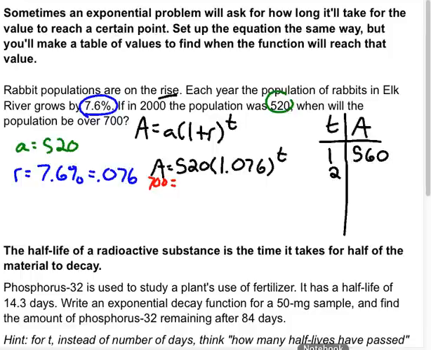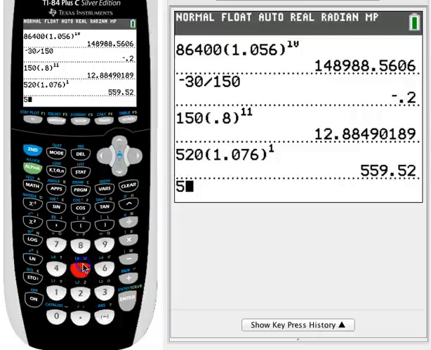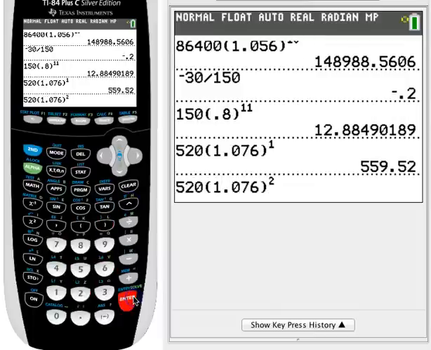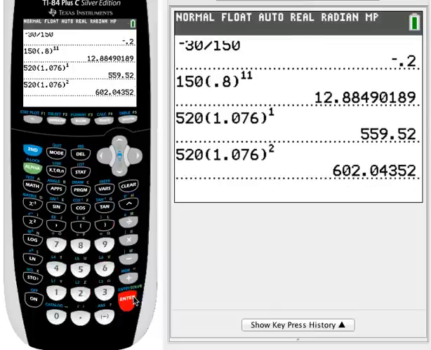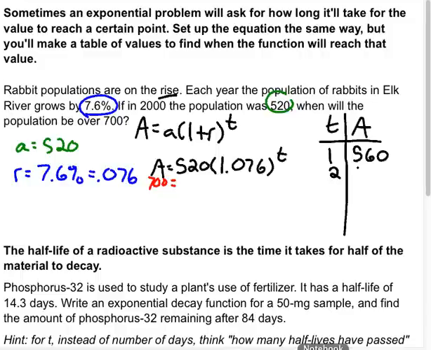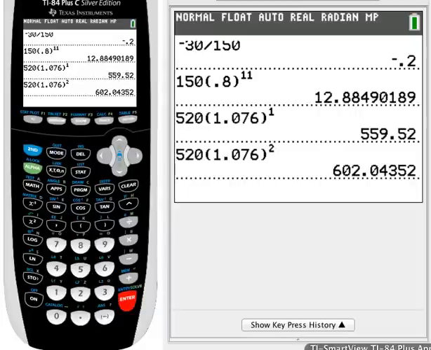Let's see after 2 years. After 2 years, there's already 602. All right, so we're not quite there yet. We need 700. So let's try 3.